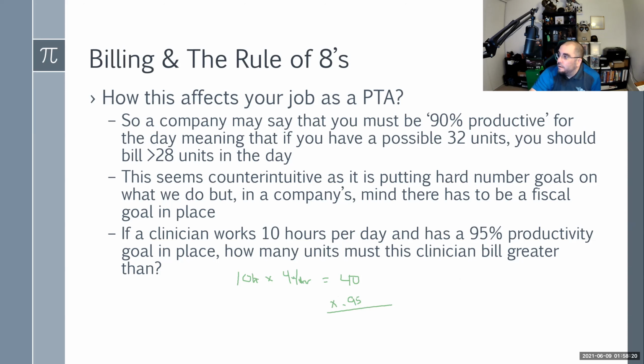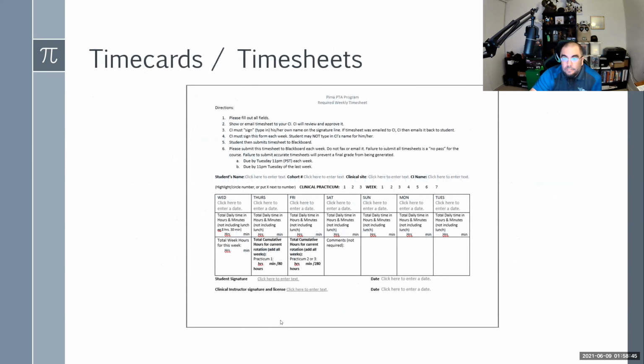Let me get my little calculator back up here again, just so I have it exactly accurate. 40 times 0.95. That means in that day, the clinician will have to see enough patients to hit 38 units. If they don't hit these 38 units, then they're not being productive and they may encounter negative consequences for it.